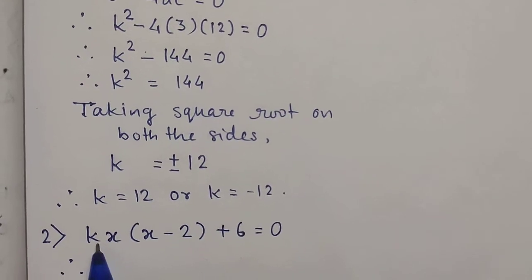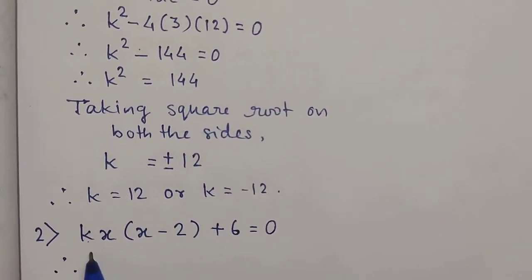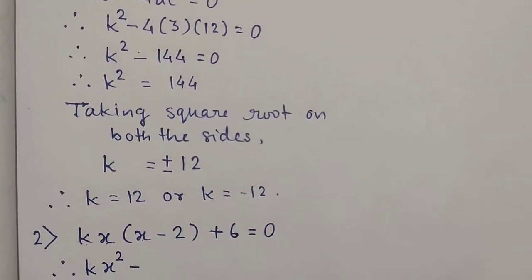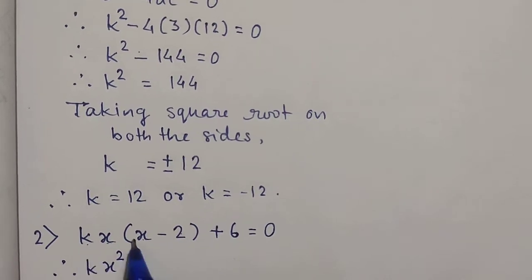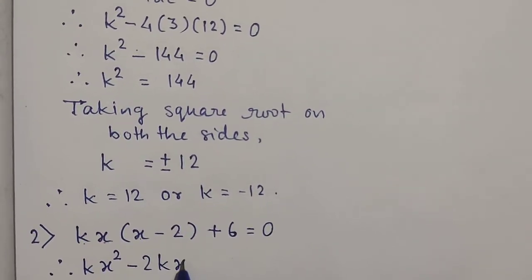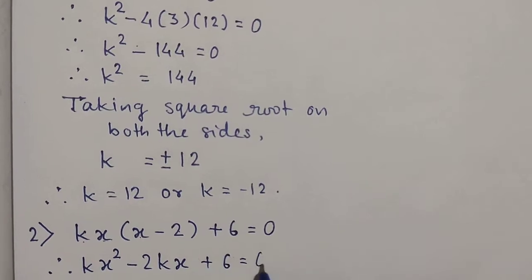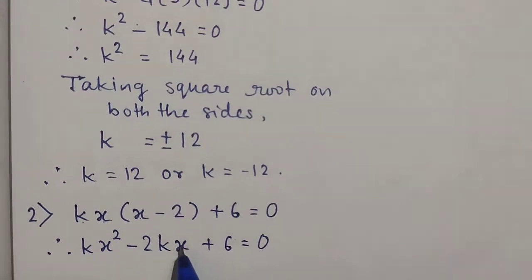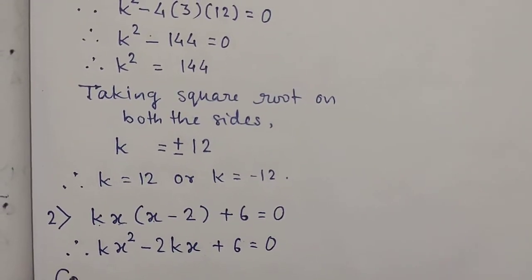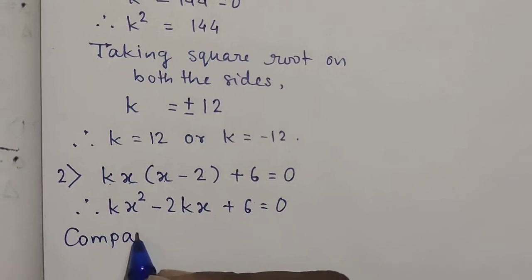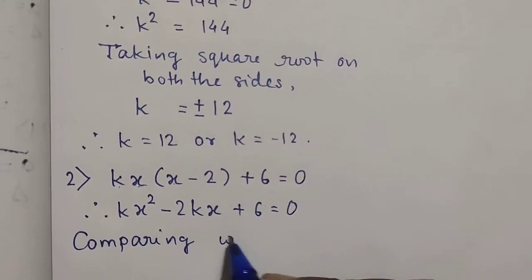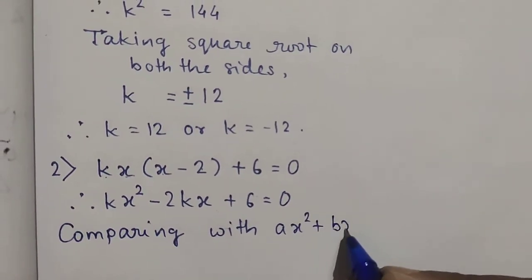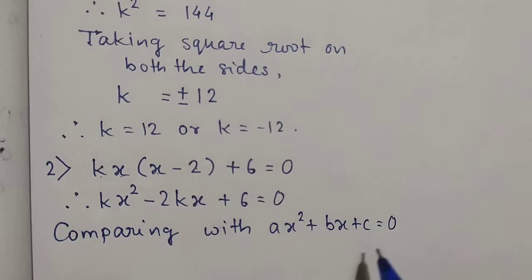So what you are getting, see here, kx into x, that is k, x times x becomes x square, then minus sign is there. Now see, 2kx you are going to get here. Okay, then plus 6 is there equals to 0. Okay, 2kx, you are going to write your x at last. Now the next step is what, you are going to compare this equation with the standard form, that is ax square plus bx plus c equals to 0.